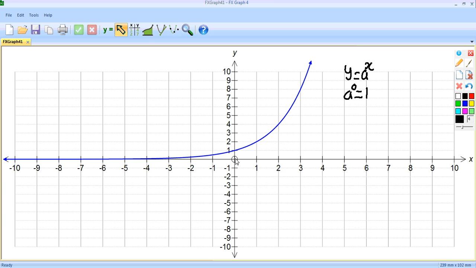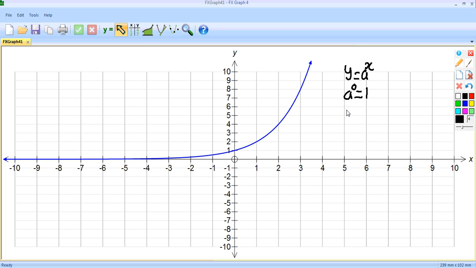The next thing that we need to know is what this a value is. From this point here, if we go across 1, that means the power is going to be 1. It will go up, and it will tell us what the a value is.